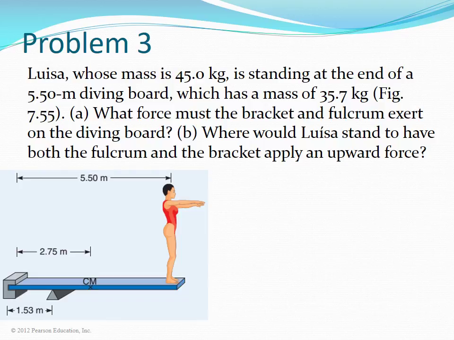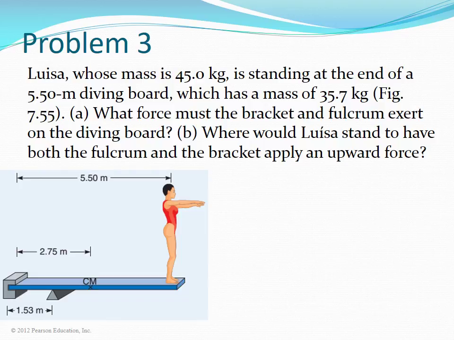Louisa, whose mass is 45 kilograms, is standing at the end of a 5.5 meter diving board, which has a mass of 35.7 kilograms. What force must the bracket and fulcrum exert on the diving board? Where would Louisa stand to have both the fulcrum and the bracket apply an upward force?